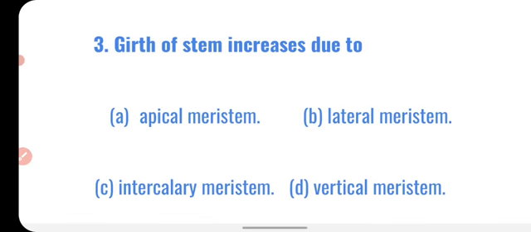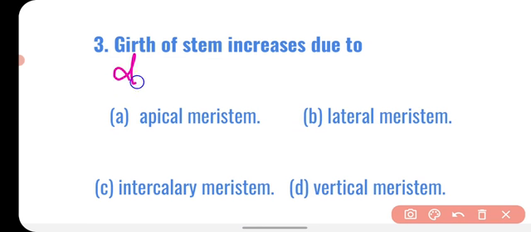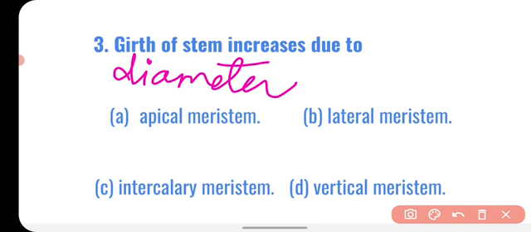Question number 3. Girth of stem increases due to. Girth means diameter. The diameter of the stem increases due to which meristem? Apical meristem, lateral meristem, intercalary meristem, vertical stem meristem. You know that there are 3 types of meristematic tissue found in plants, and 2 types of growth: one is primary growth and the second is secondary growth.